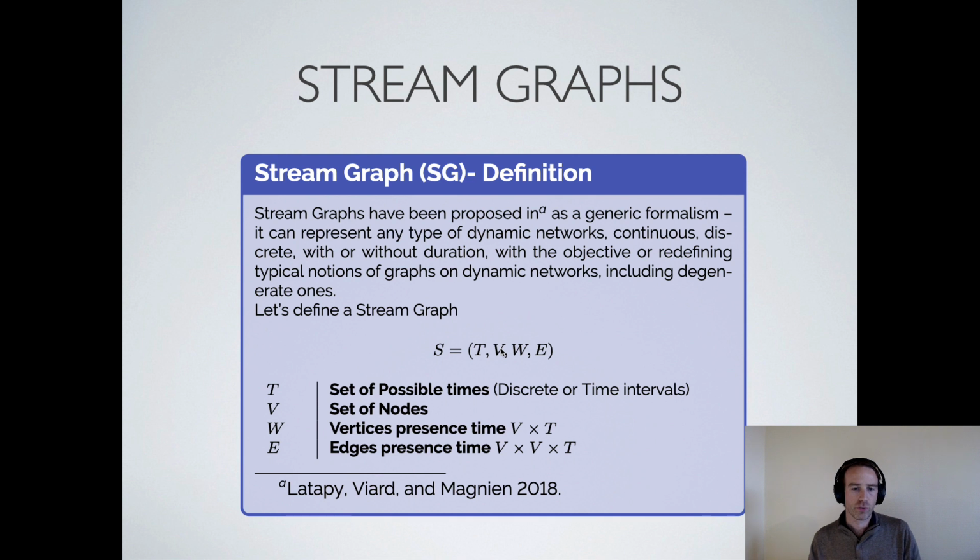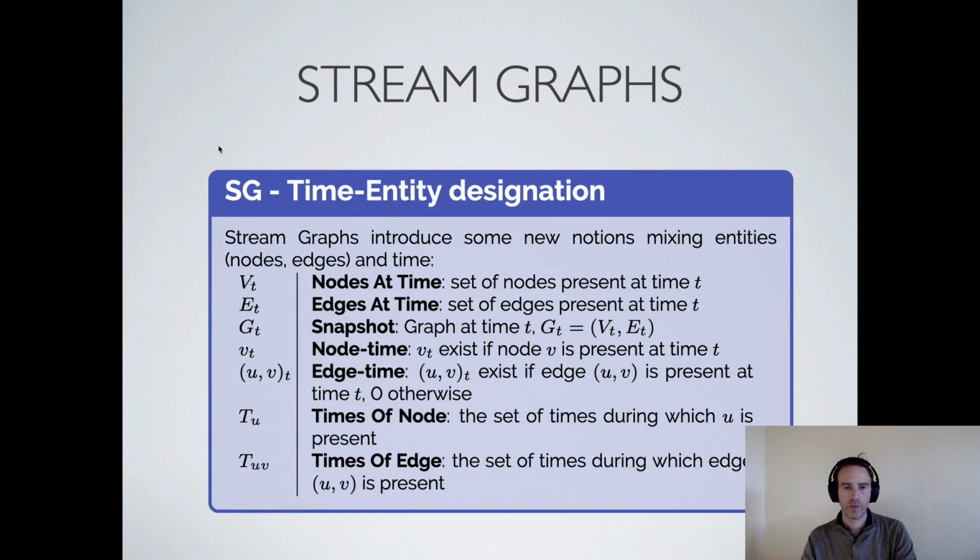V is a set of nodes as usual. W is the vertices presence time. In some situations you can have nothing here, and in this case we call it a link stream, but we won't go into details in this class. Finally, E is defined as the edge presence time, so you will have a pair of nodes and a possible time, which is discrete or a time interval.